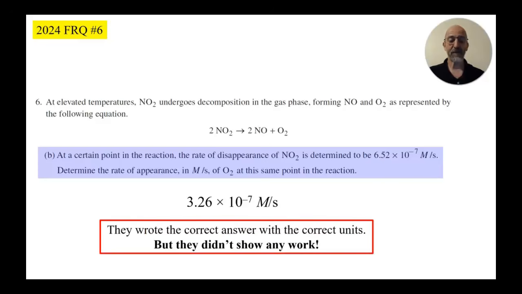So please remember on the AP Chemistry exam, if you can do something simple like divide by 2 on your calculator, well, that's great. But you have to show the AP readers what you did. Your work needs to be on your answer booklet and not stored in your calculator. So this student did not earn credit, even though they had the correct answer, because they didn't show any work.